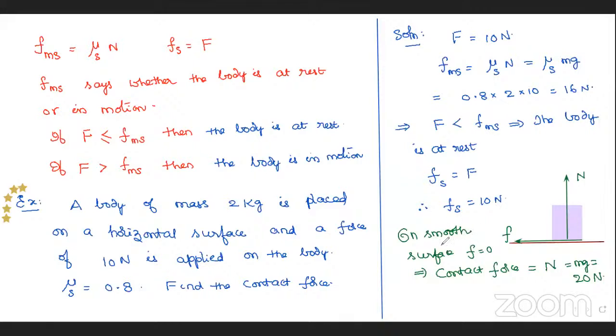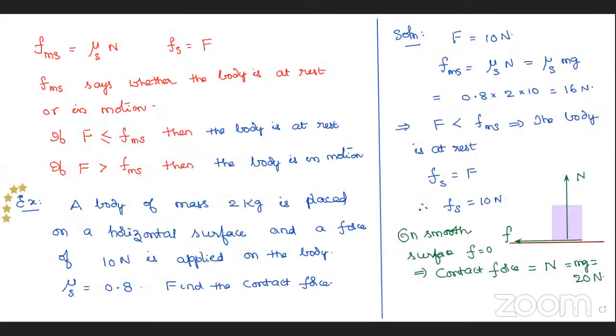Yeah, this is 20, but this is on a smooth surface. Whereas on the rough surface, you are finding two contact forces. One is tangential friction, the other is normal reaction perpendicular to the surface.